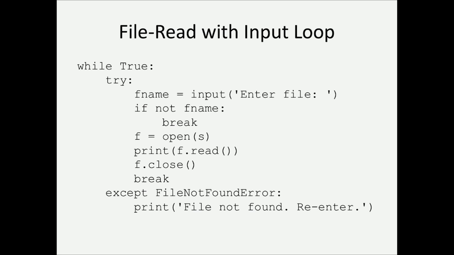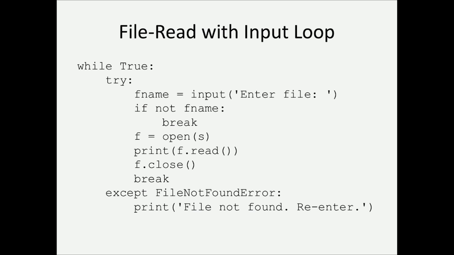Otherwise, it's going to go ahead, try and open, try a read. But if it can't open that file successfully, then it will cause the exception handling block to be executed. And that exception handling block will print, I can't find the file. So it's actually going to test for a file not found error. And if that happens, we'll say file not found, re-enter.